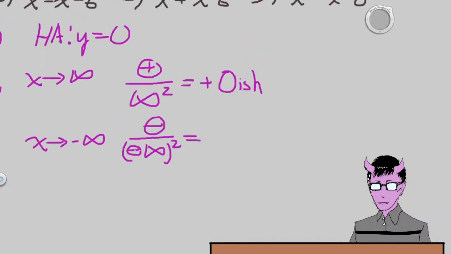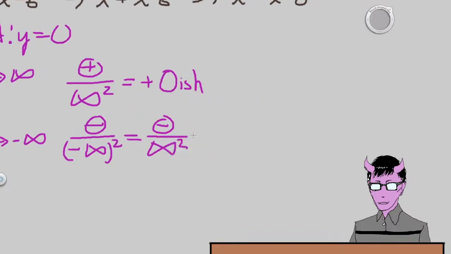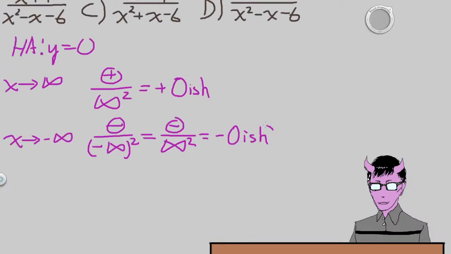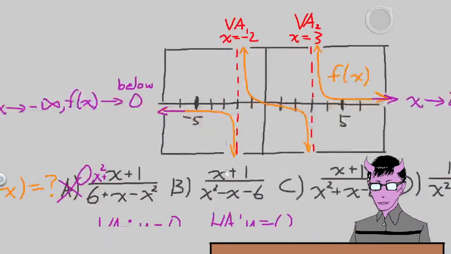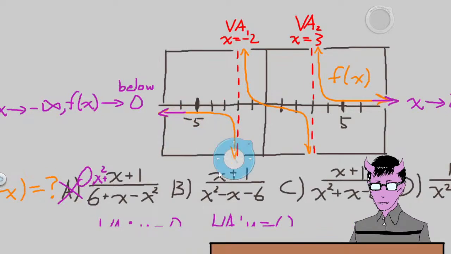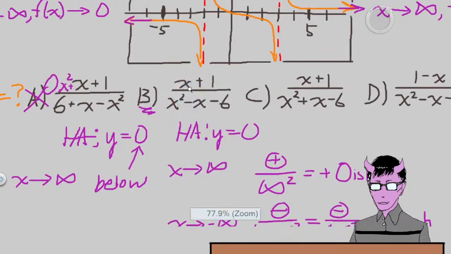So this negative doesn't cancel with the negative above. This negative cancels with the squaring. So we're going to get something similar to that one: a huge number squared on the bottom with still a negative on the top. So overall, it's going to have a negative sign, but because we're dividing by an absurdly huge number, it's close to 0. So it's negative 0-ish. Which means we are below, which is consistent with this one. So B looks pretty good.